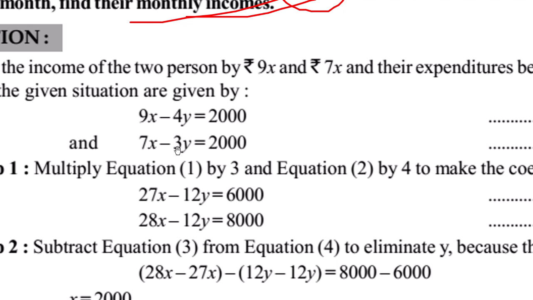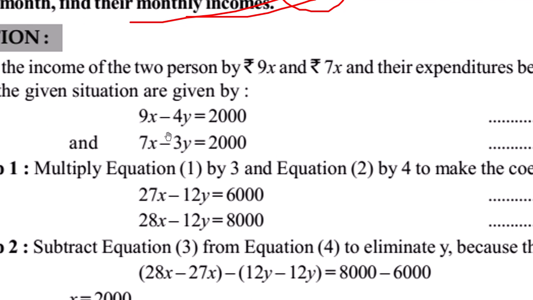Like this, we have two equations. But in these two equations, x coefficients are different, y coefficients are different. So what we can do here: one has 4y, another has 3y. The first equation we can multiply with 3, and the second equation with 4, because of these y coefficients.